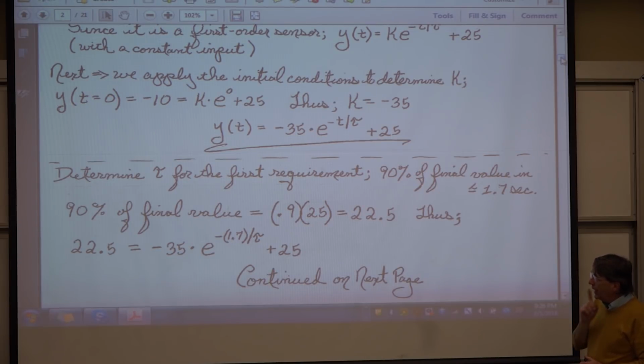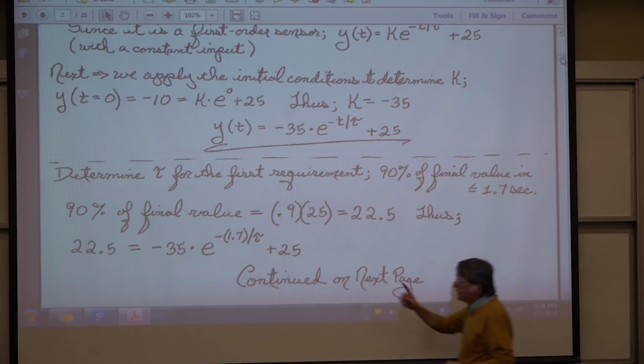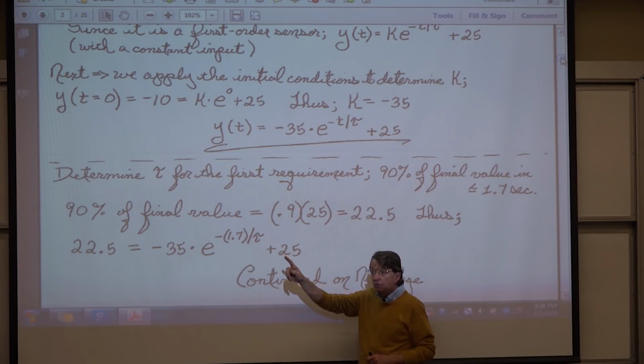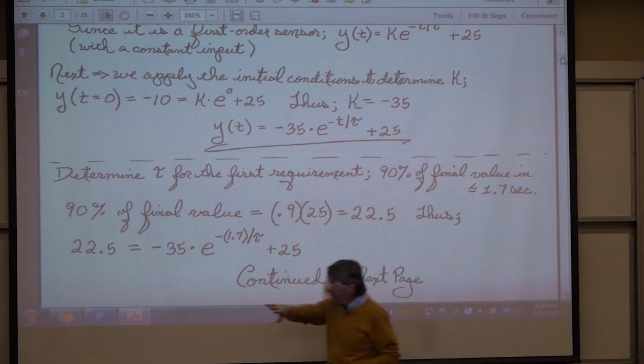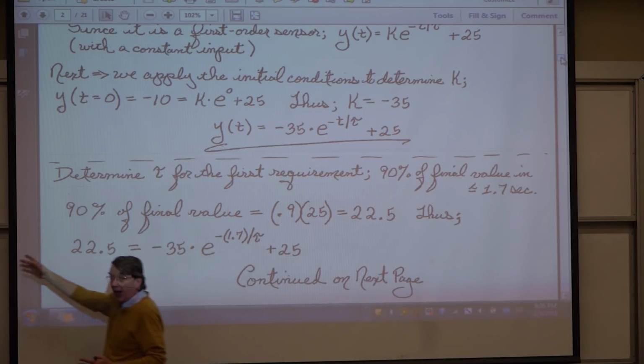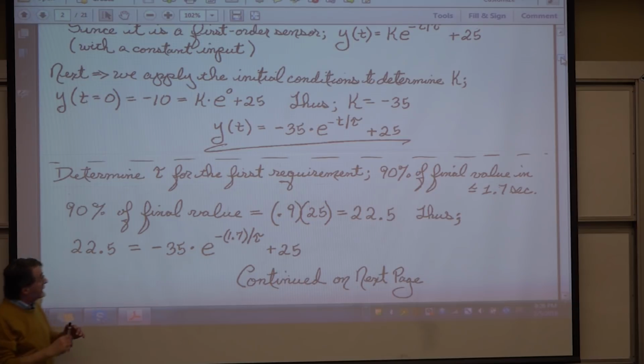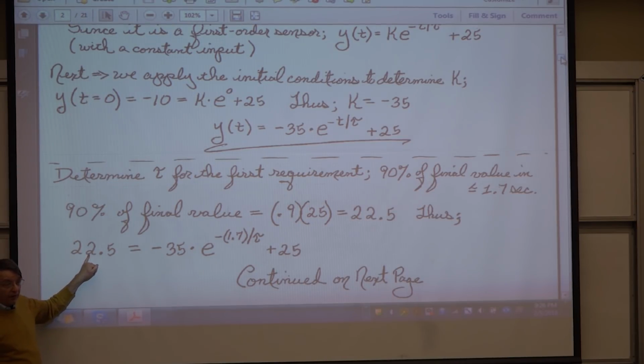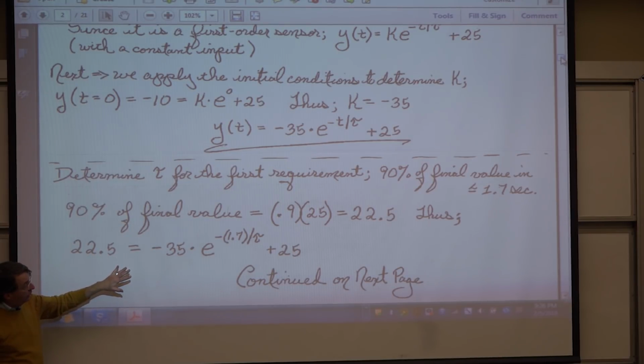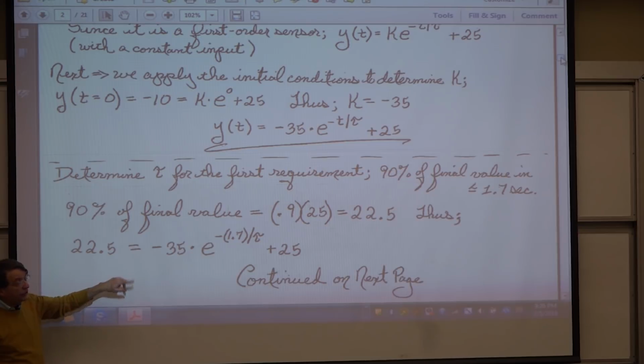So I say, okay, what's 90% of the final value? The final value is 25. So 90% of 25 gives me 22.5. I then let that equal the output, 22.5. And now I solve this equation for tau.